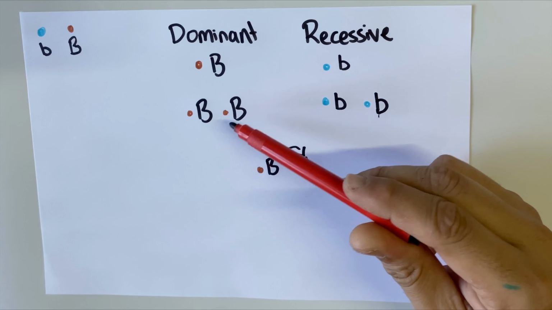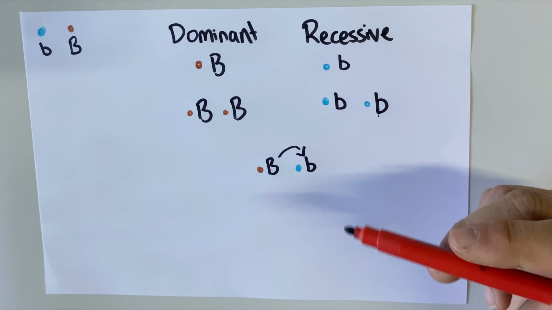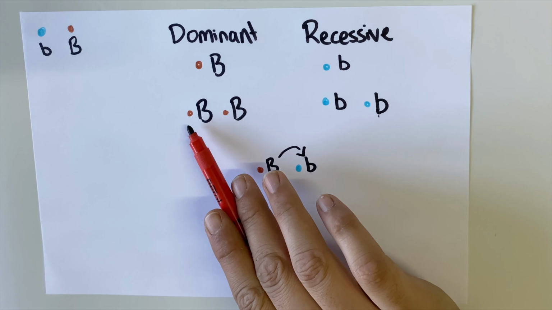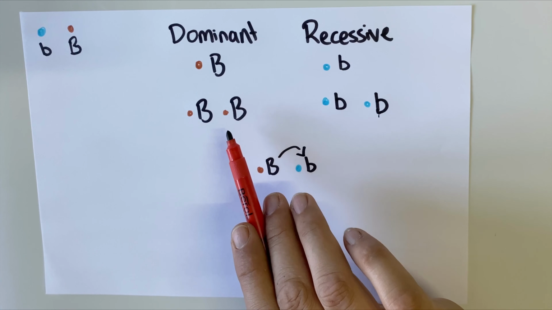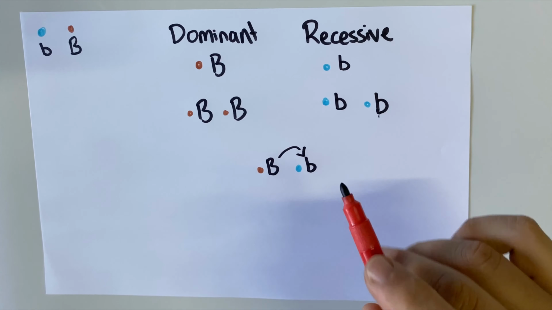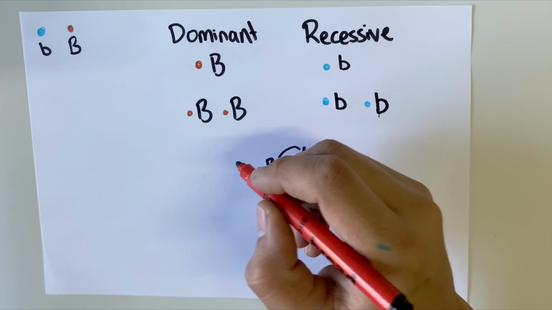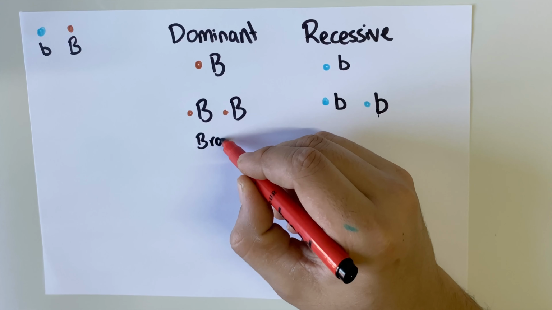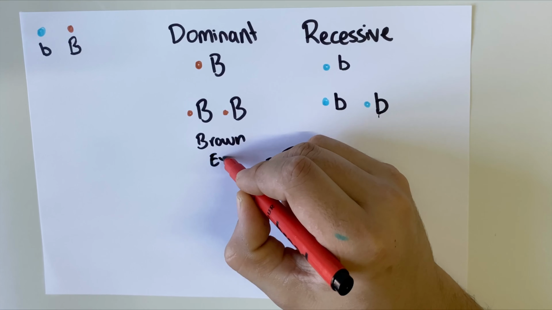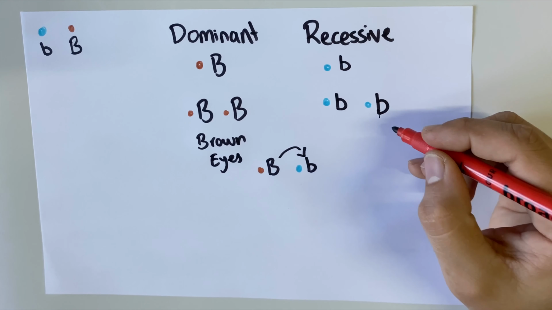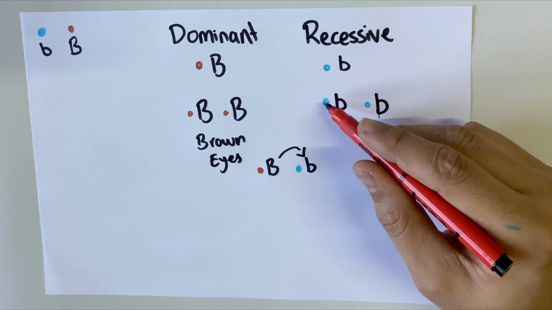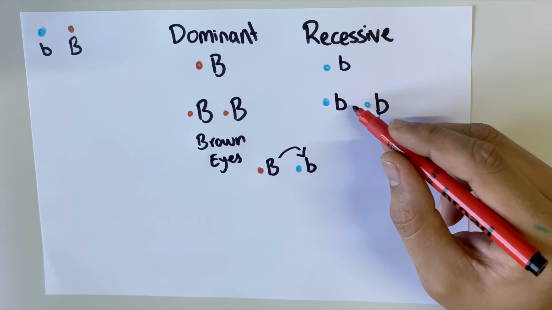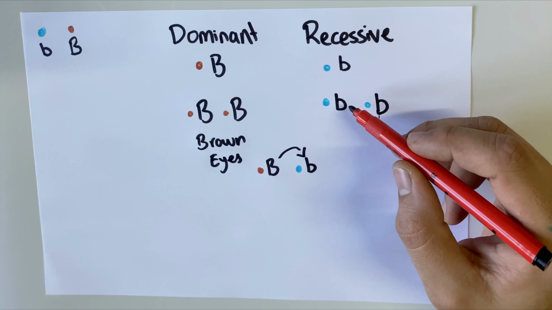So we can see what the genotypes are, but the phenotypes in this case, if the 2 copies are brown, neither will win. So the phenotype, or the visual characteristic you will see here, is brown eyes, right?